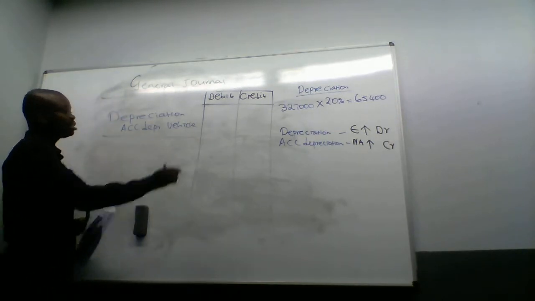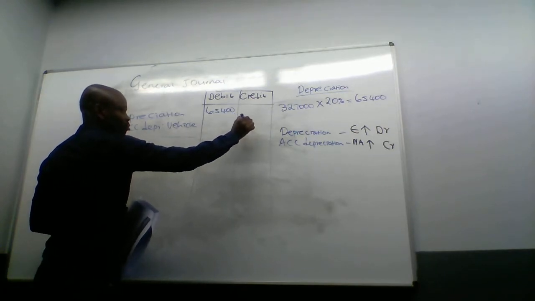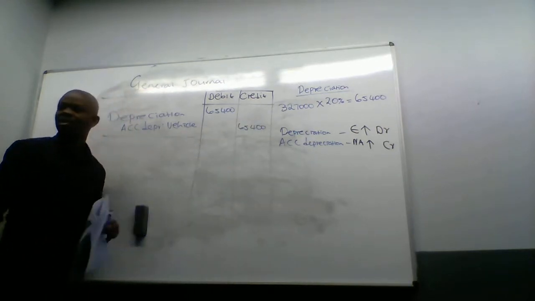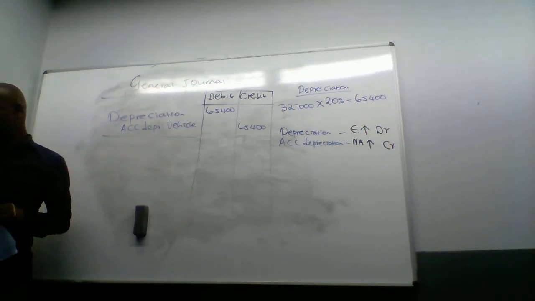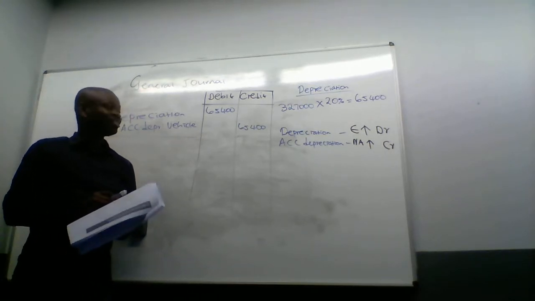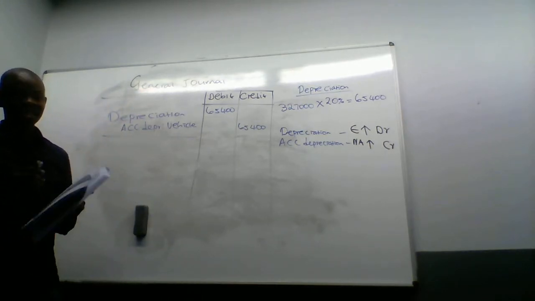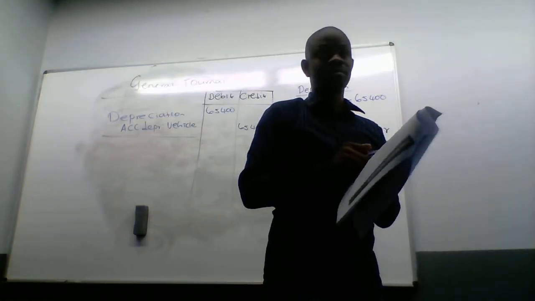So obviously, how much is that? 65,400. I think they must bring this question back. I want to show them. Promise. Okay, not bad. This is what they wanted you to do.